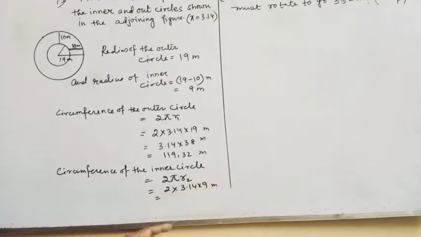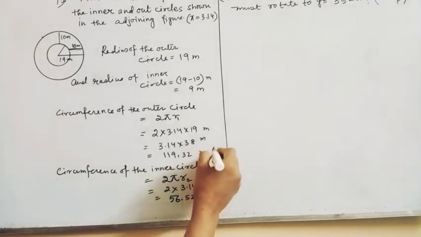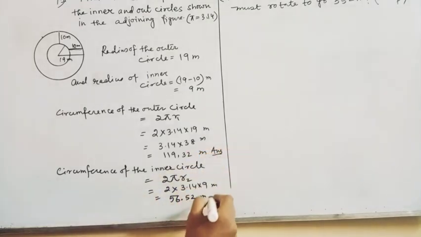Multiply all, you will get 56.52 meter. So only this you have to find out first, circumference of the outer circle and circumference of the inner circle. Understood? Next sum is next.